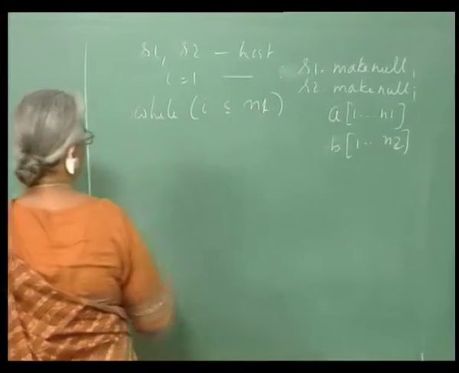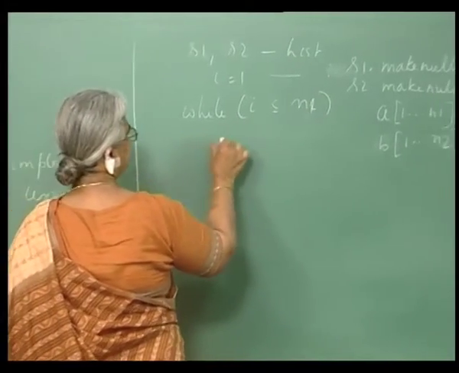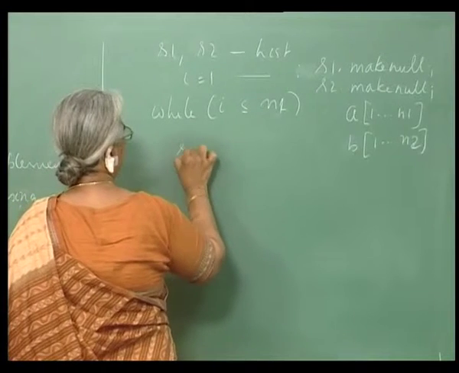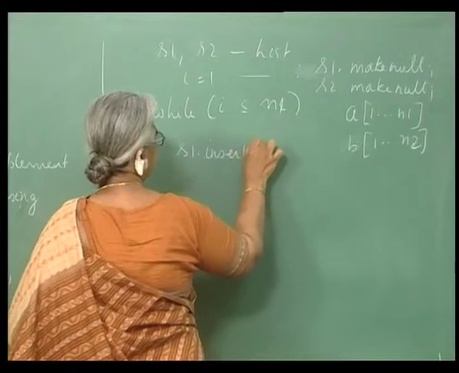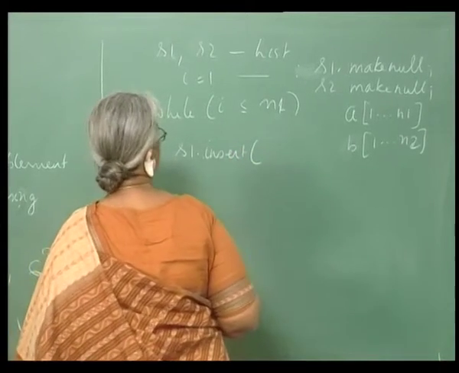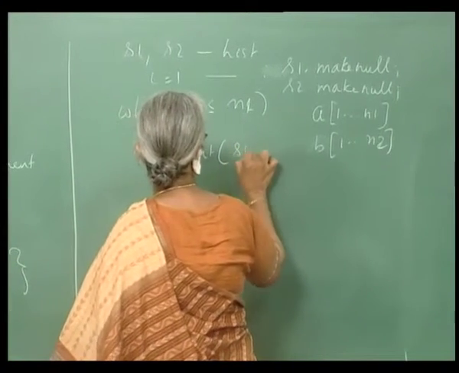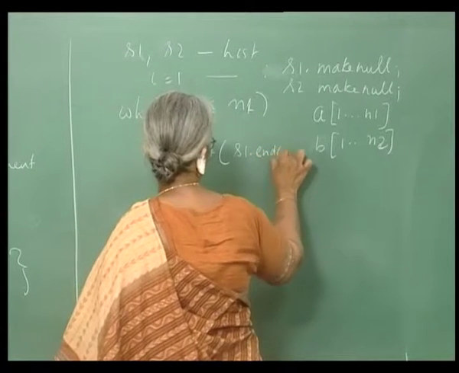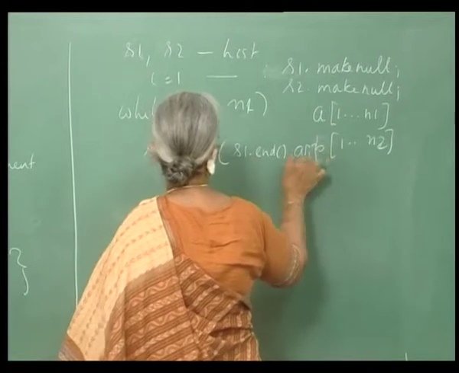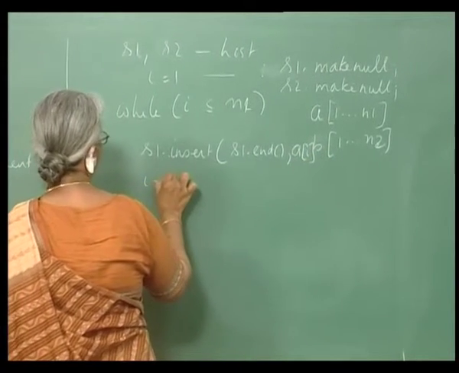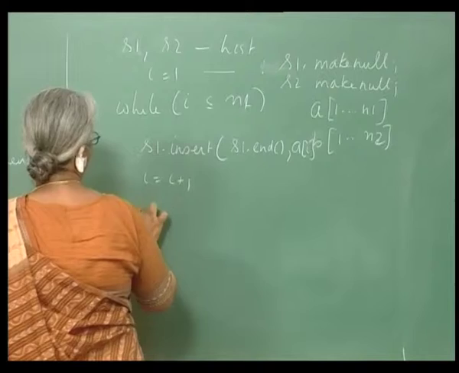So I would say, with I equal to 1, while I less than or equal to N1, S1 dot insert, S1 dot end, because it is the end of the list, comma A of I, I equal to I plus 1, end while.